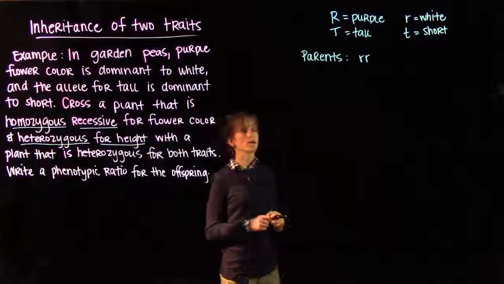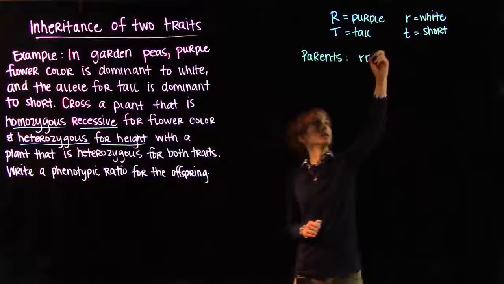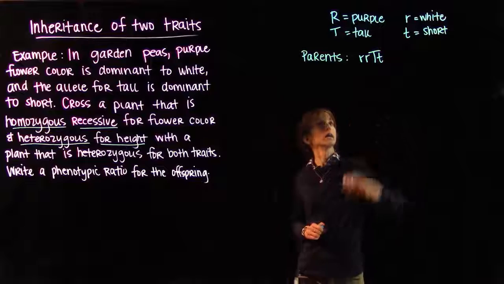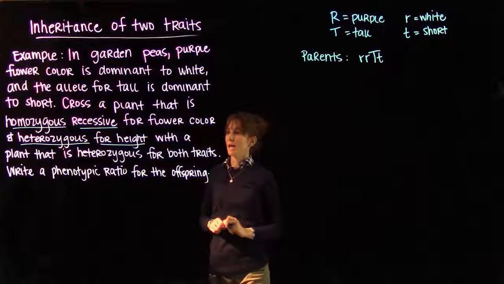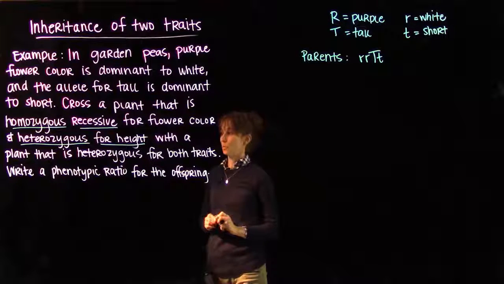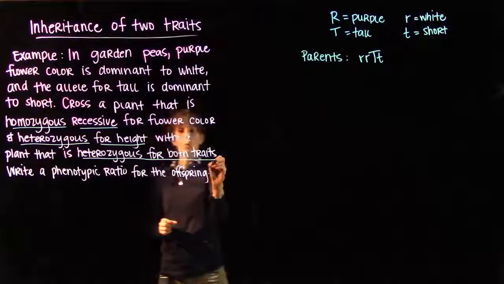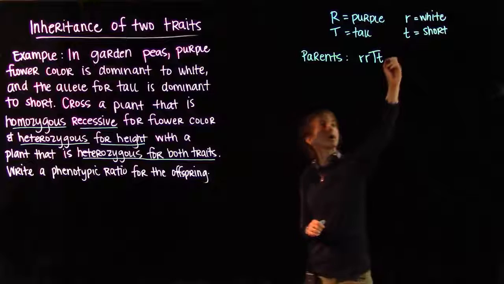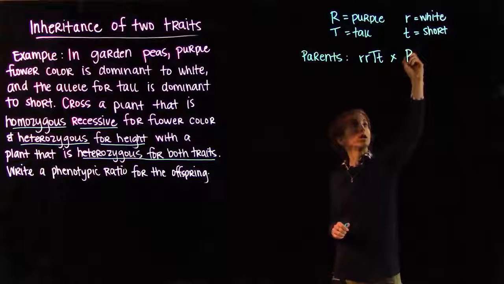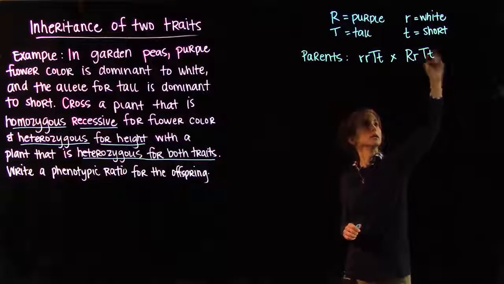So we need one of each of our two alleles. That means we need a big T and a little t. And that plant is crossed with a plant that is heterozygous for both traits. So our other parent is big R, little r, big T, little t.